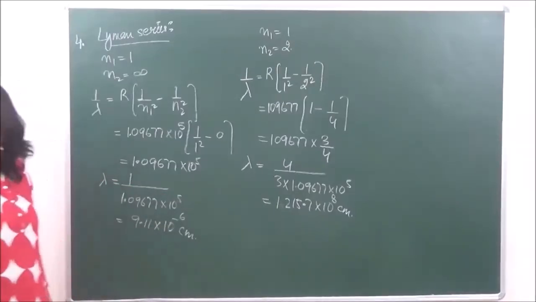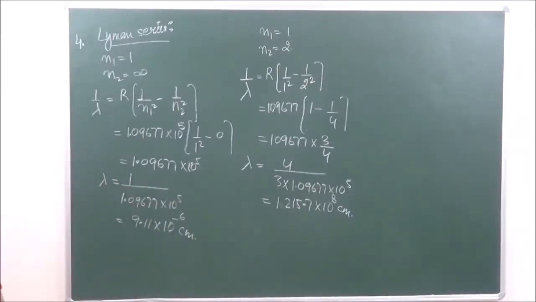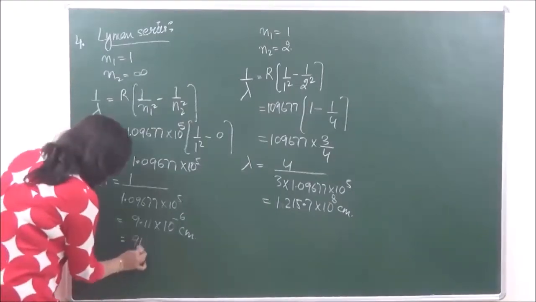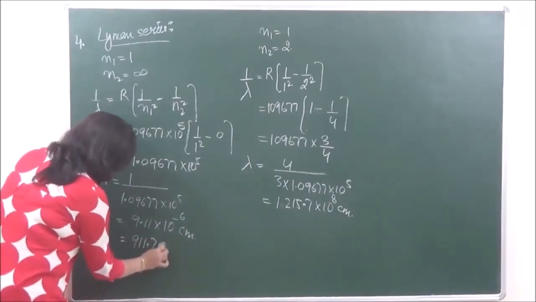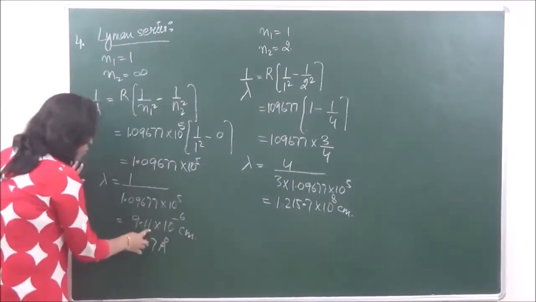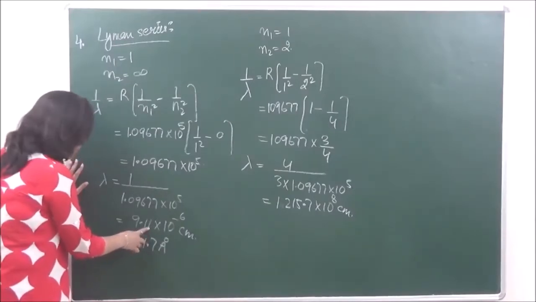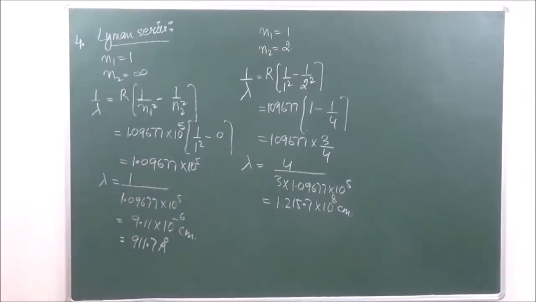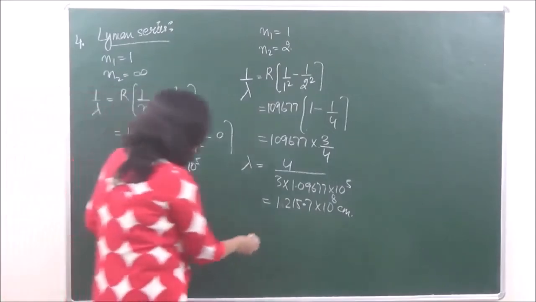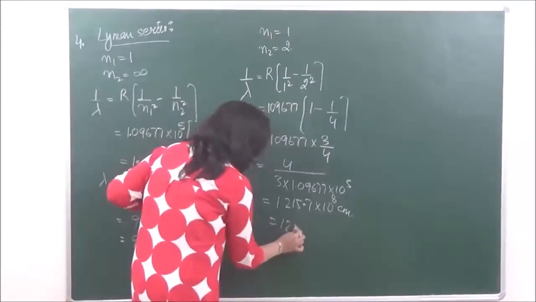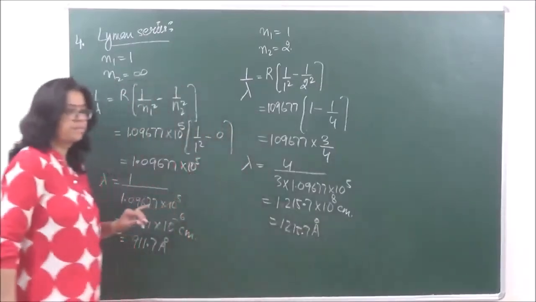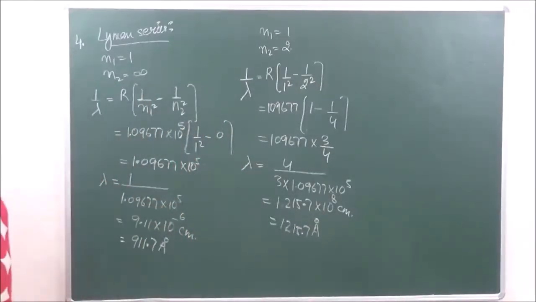So when you are converting it into Angstrom, lambda 1 will become equal to 911. This is minus 6, so you displace the decimal by 2 places. It will come as 911.7 Angstrom, and this will become equal to 1215.7 Angstrom. Okay? So let's go on to the next question now.